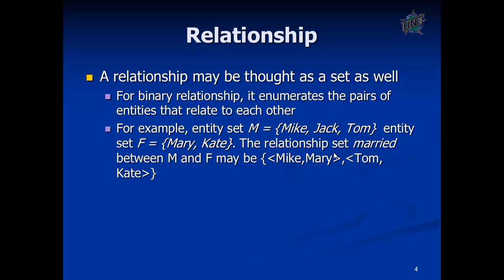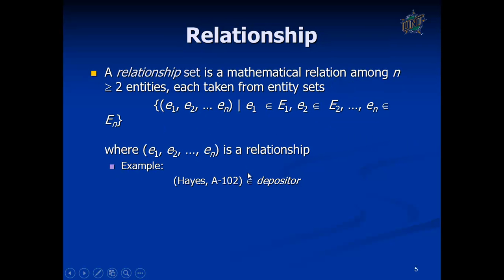Next is relationship. It can be thought of as an association between different components. For example, the entity set M, that is Mike, Jake, Tom, and entity set F, Mary, Kate. The relationship set married between M and F will be Mike, Mary, Tom, Kate, etc. Here the relationship is represented by a mathematical relation among n greater than 2 elements or 2 entities.